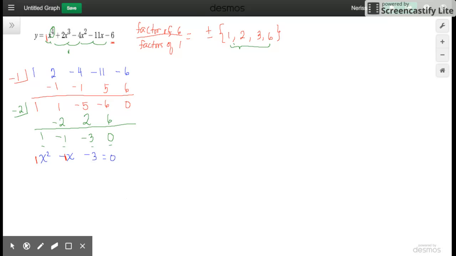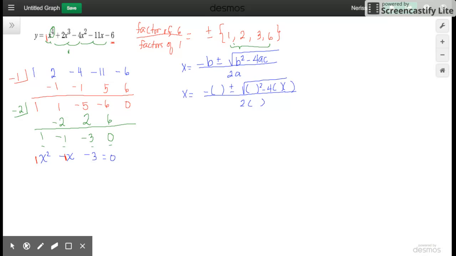So now let's use the quadratic formula to find the zeros of x squared minus x minus 3. So I want you to pause this video again and try to find the values for x using the quadratic formula, and then resume to continue.